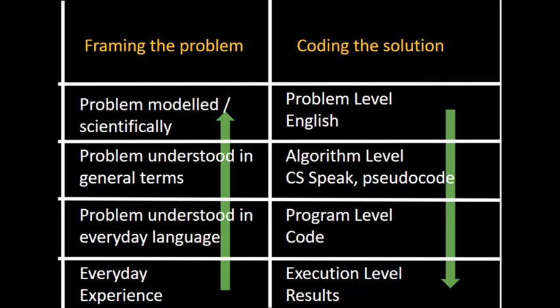So you've got a movement from very contextual, observing the world, up until you have a much more abstract understanding of the problem. You design the solution in quite abstract terms, but then you put it into computer speak.